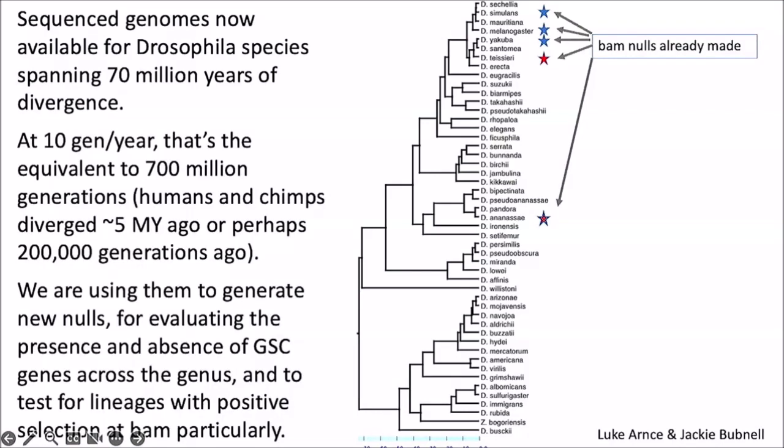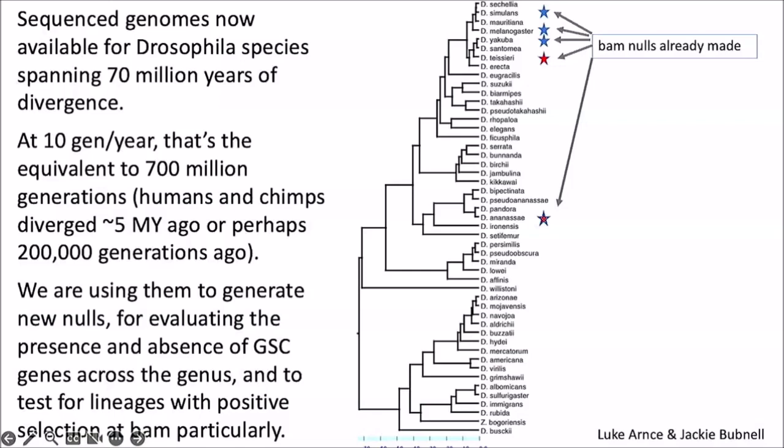We're also taking a look at the presence of germline stem cell genes, which I'll return to in a little bit, across all these species, to see how much flexibility there is in not just bag of marbles, but also other genes.